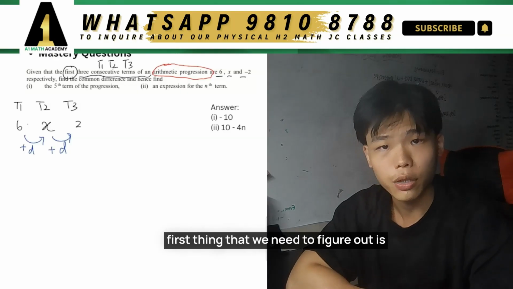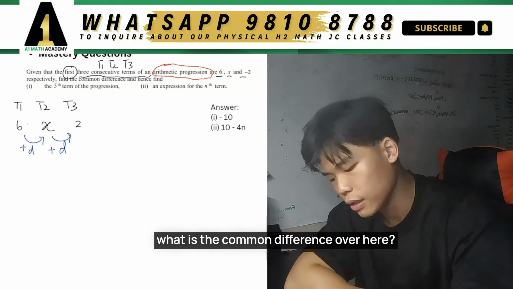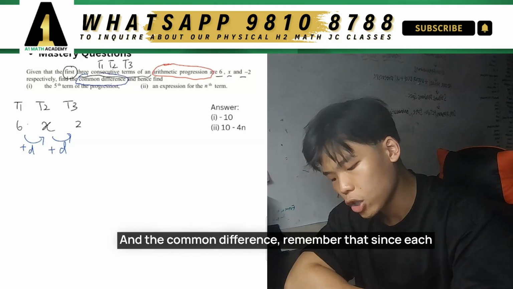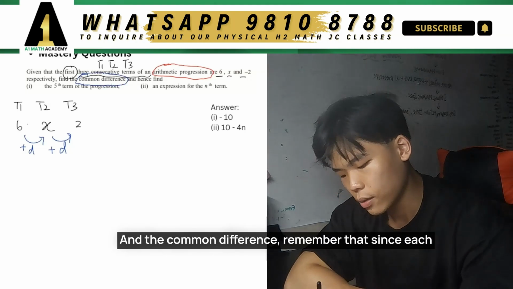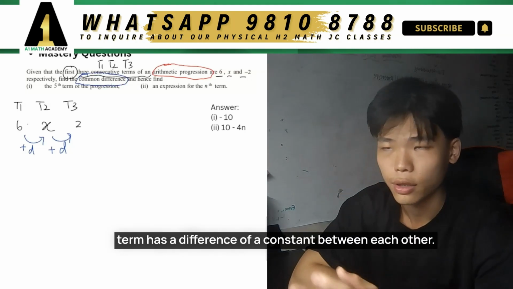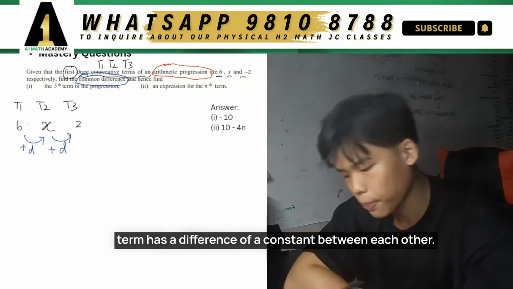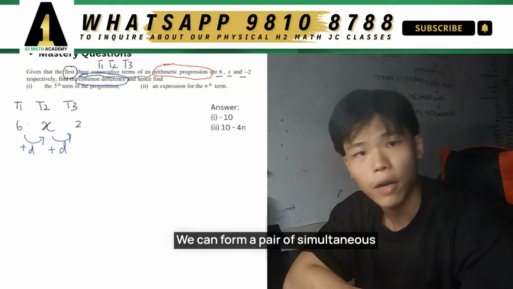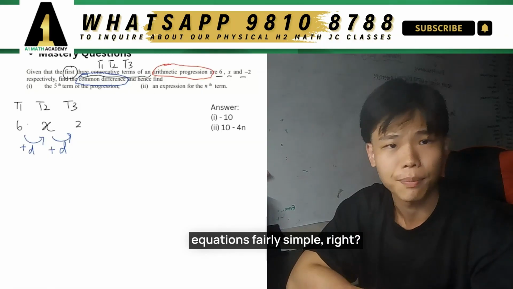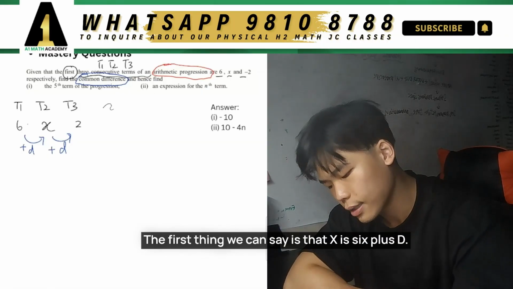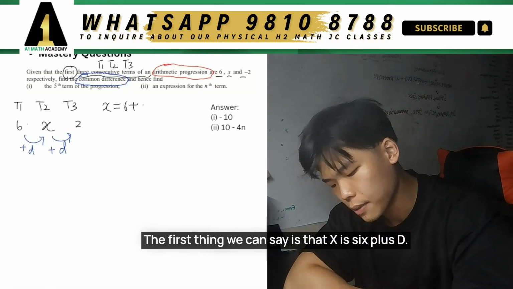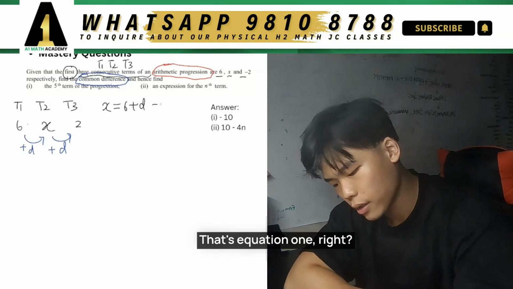The first thing we need to figure out is the common difference. Since each term has a constant difference from the next, we can form a pair of simultaneous equations fairly simply. The first thing we can say is that x is 6 plus d. That's equation 1.